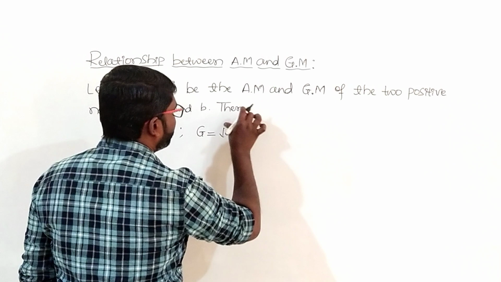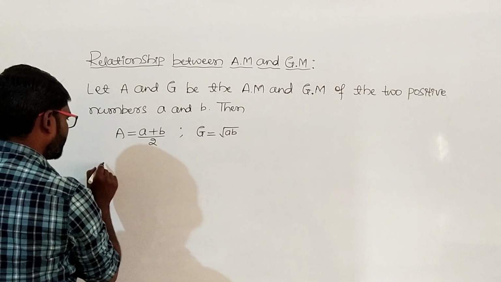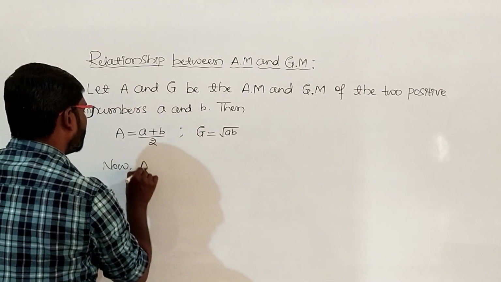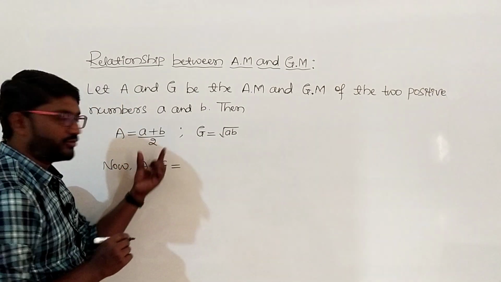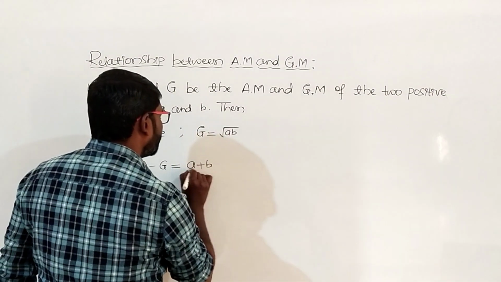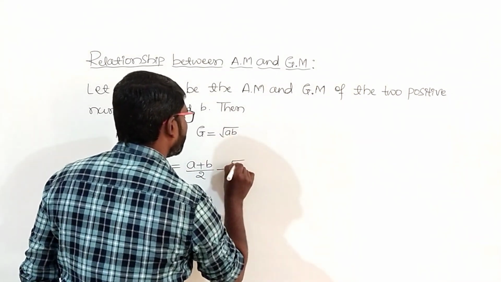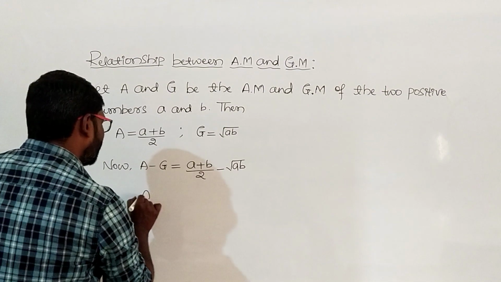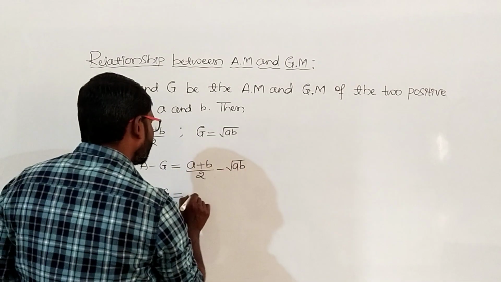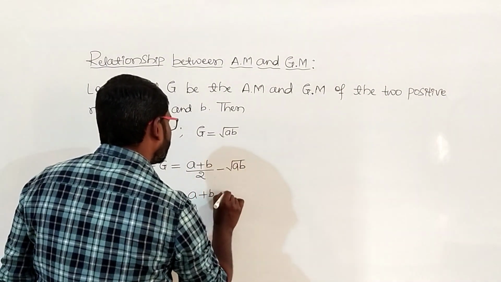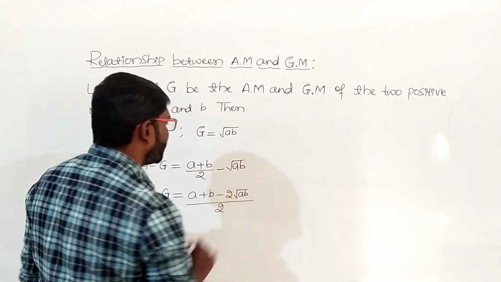Now we will go for A minus G. So now A minus G is equal to a plus b by 2, then minus G, it is square root of ab. So now A minus G is equal to, take up the LCM now, a plus b minus 2 times root ab divided by 2.